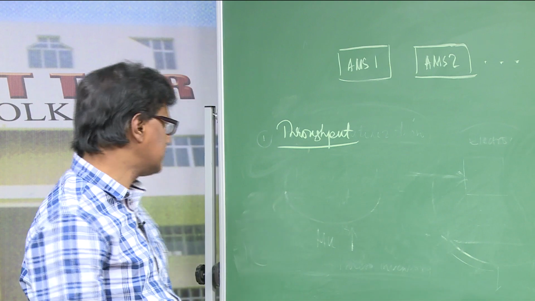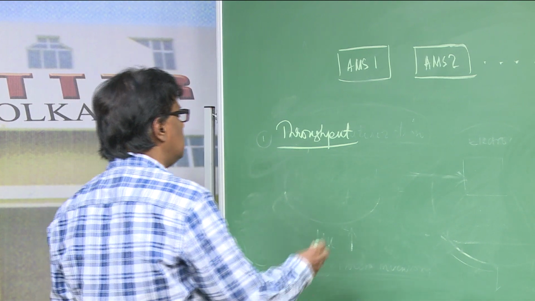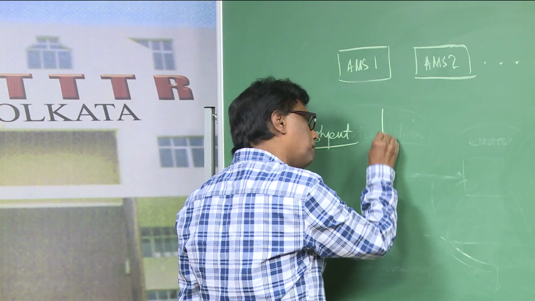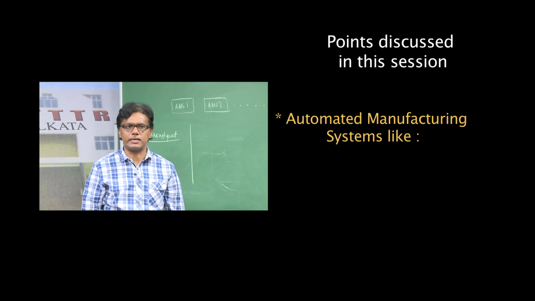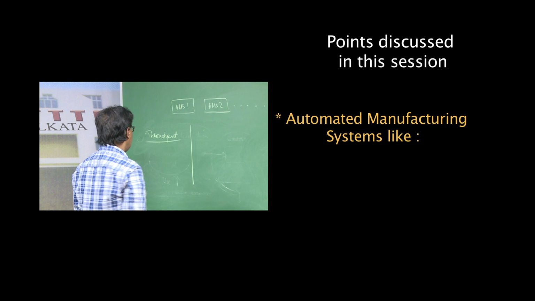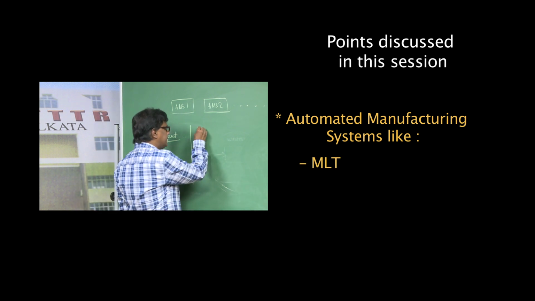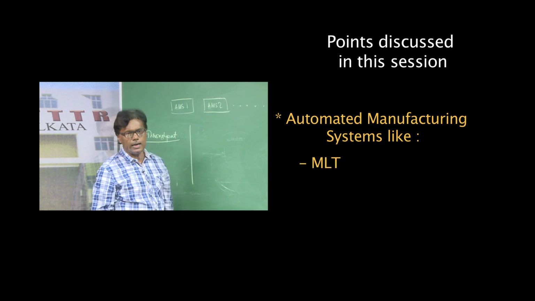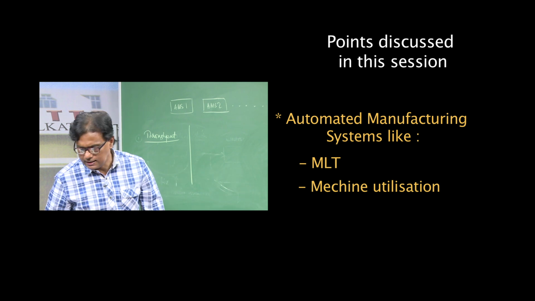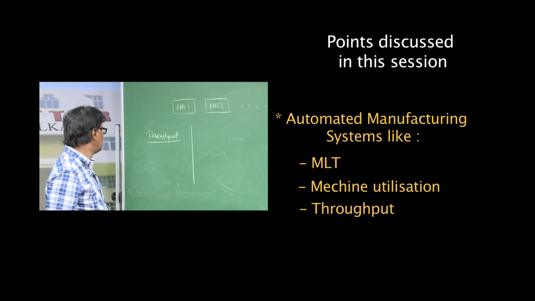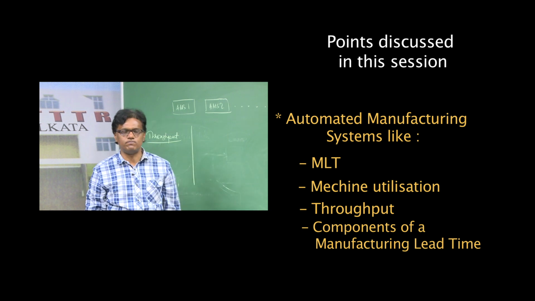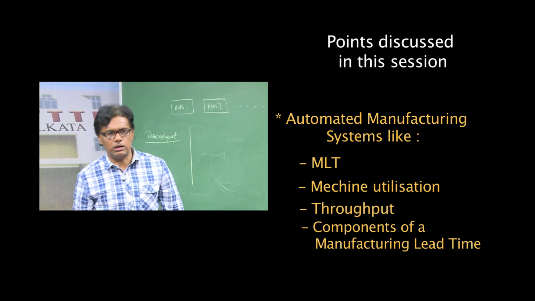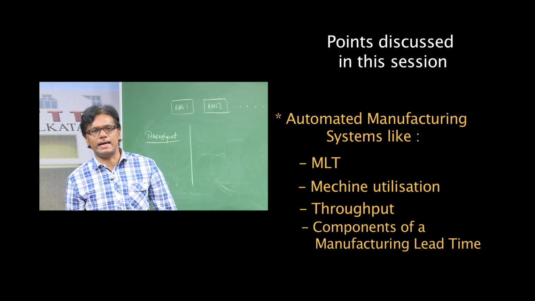In this lecture, I have tried to discuss some performance measures of automated manufacturing systems like MLT, machine utilization, throughput, and what the components of manufacturing lead time are.